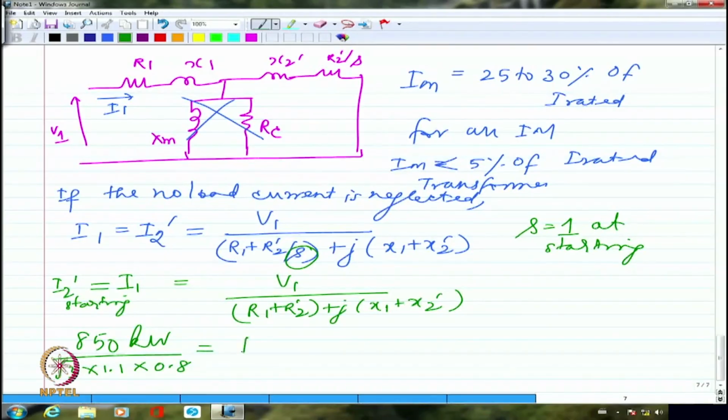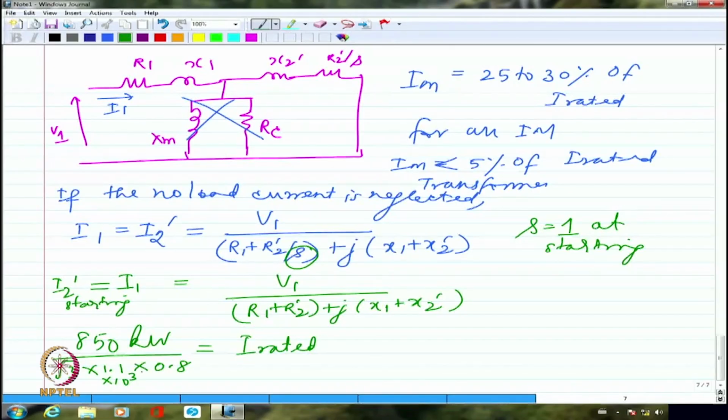So this is going to be the I rated for this induction motor, which will be of the order of thousands of amperes in all probability. Right? 1.1 into 10 power 3, of course, because it is 1.1 kV I said. So I am going to have maybe some thousands of amperes of current.